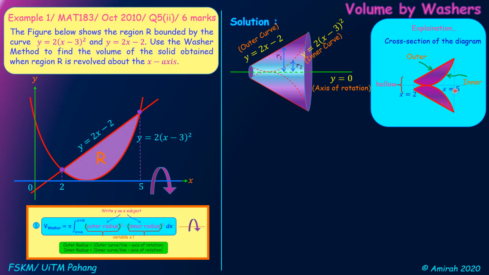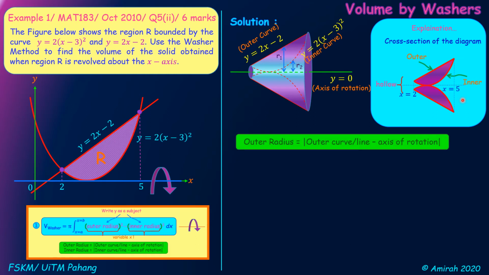Then we draw a line to the x-axis from the intersection points, x equals 2 and x equals 5. Then we can set up the formula for volume by washer.